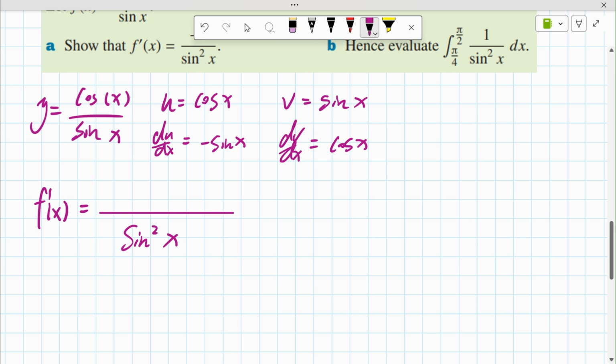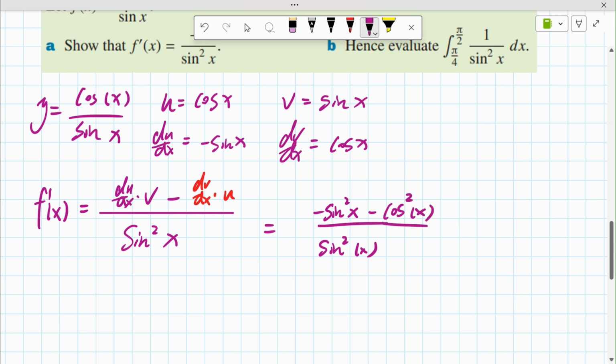And you're going to use du/dx times v minus u times dv/dx. Sorry, I mean du/dx times v minus u times dv/dx. So now what we do is it equals over sine squared x, and then minus sine squared x, and minus cosine squared x.